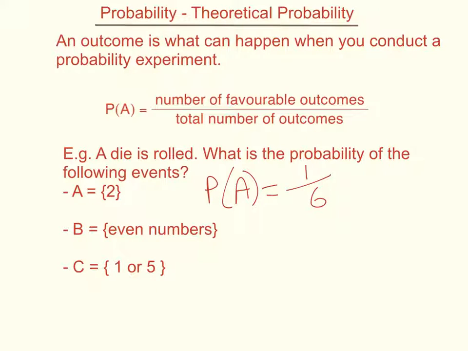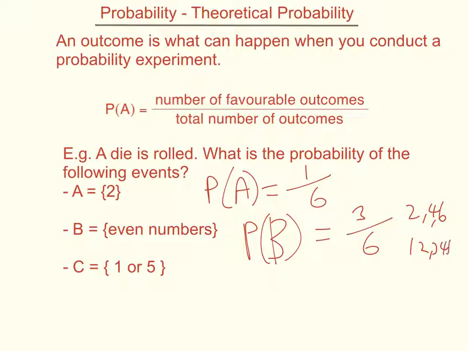The next one, probability of B, given that B is even numbers, the event even numbers. Probability of B is equal to 3 over 6. And that's because 2, 4, and 6 are the favourable outcomes. 1, 2, 3, 4, 5, and 6 are all the possible outcomes.